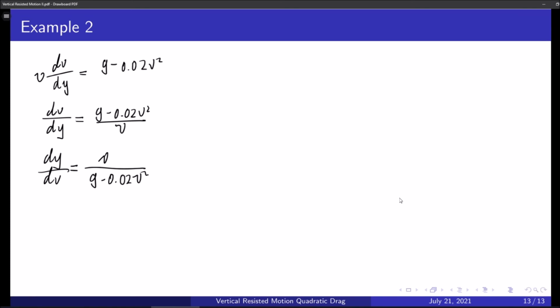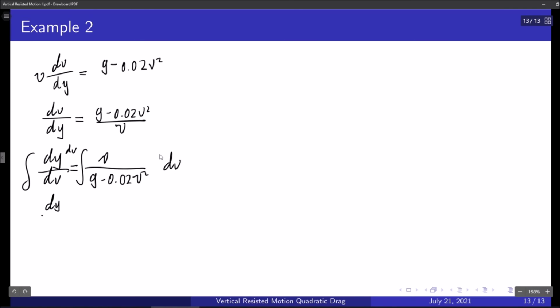Unfortunately, we will have to find a way to do this, once again, through integrating it into log. So we integrate both sides.